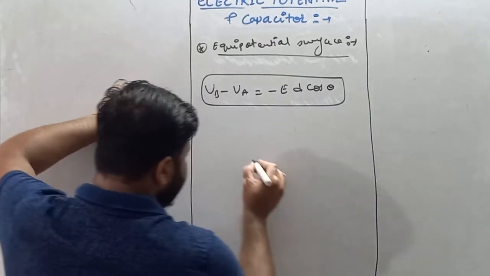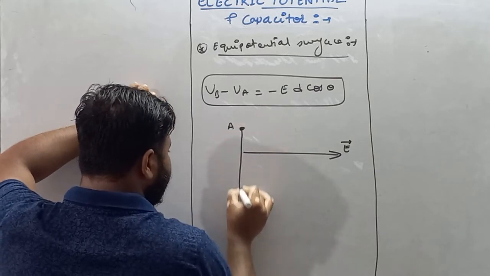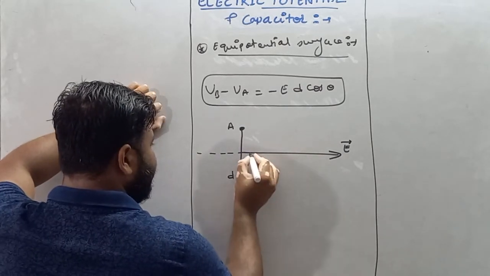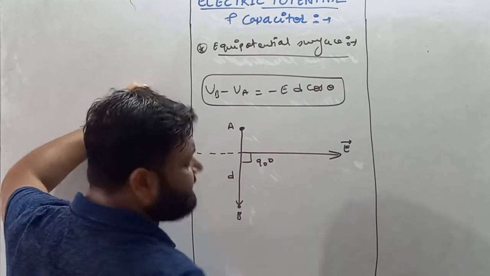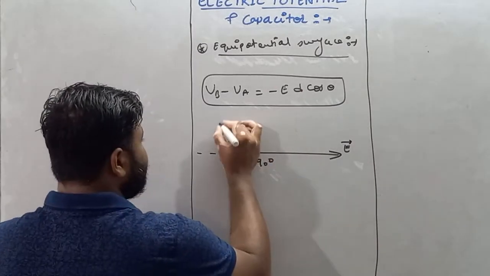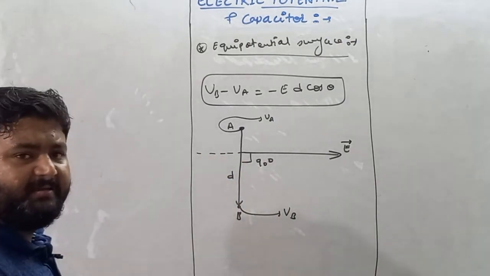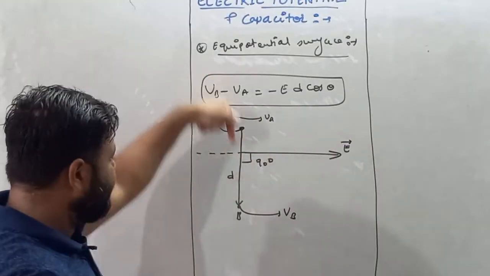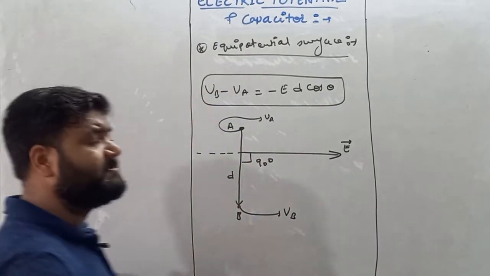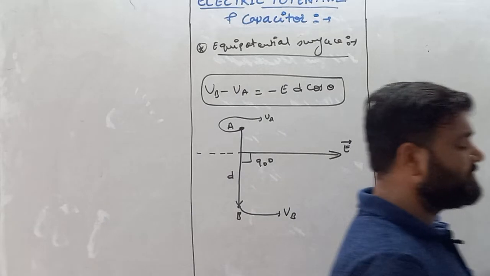So let's suppose the electric field is in this direction and I am displacing a charge from point A to point B. Then the electric field is perpendicular to displacement. Let's suppose the potential of point A is VA and the potential of point B is VB. Electric field is in this direction and displacement is in this direction, so displacement of the charge is from A to B. So displacement and electric field are at 90 degrees.